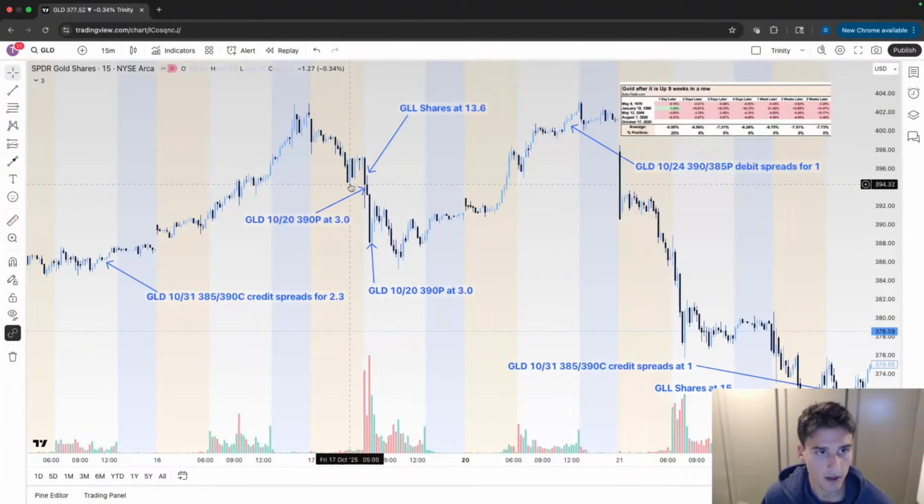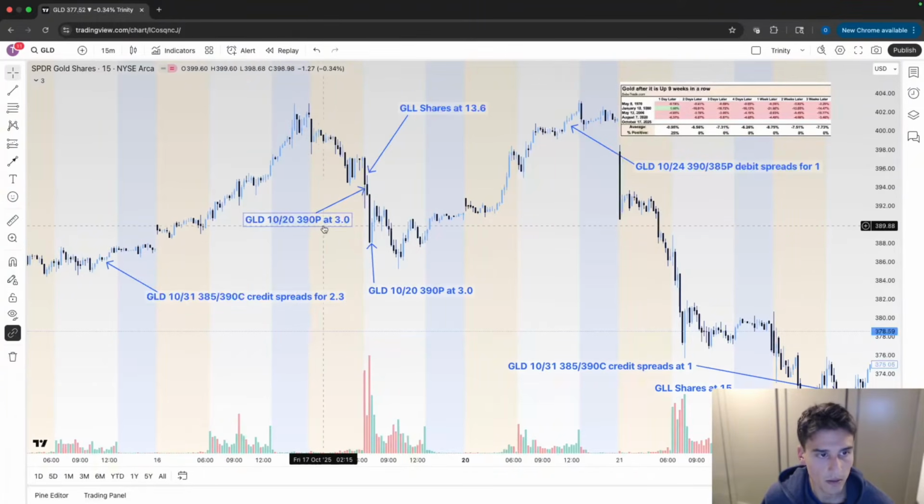And so that Friday, on the break of these lows, we took GLL shares at 13.6. This is the inverse gold ETF. We also took some 390 puts at 3 that were expiring basically one day later, the Monday, so 1 DTE.